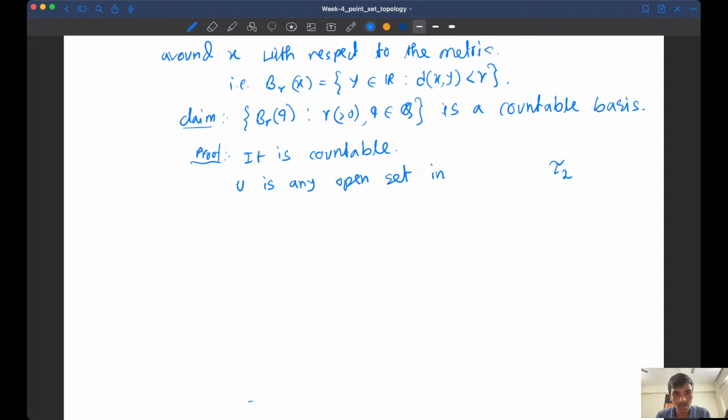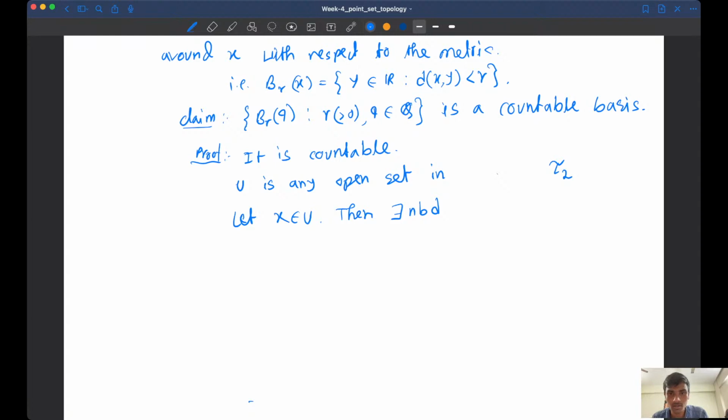Now let us pick an element x belonging to U. As U is open, there exists a neighborhood.